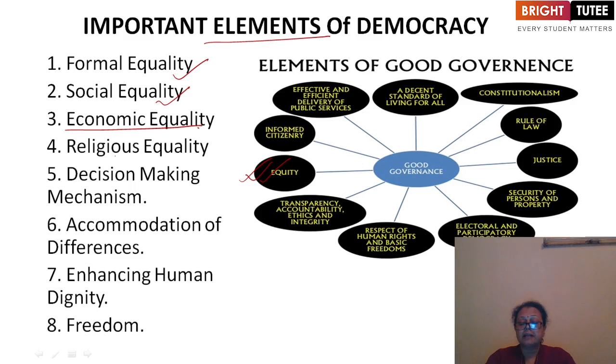Then it is religious equality. Religious equality means that in our country, we have the right to freedom of religion. In our preamble also it has been written, India is a secular country. People living in different parts follow different religions and customs. Throughout the country, we have 28 states and the union territories.